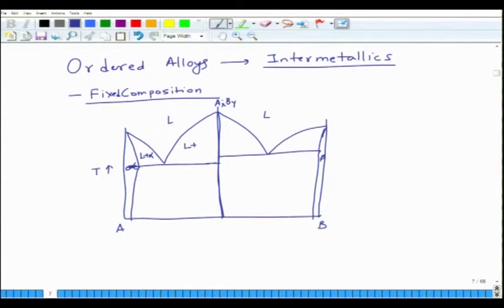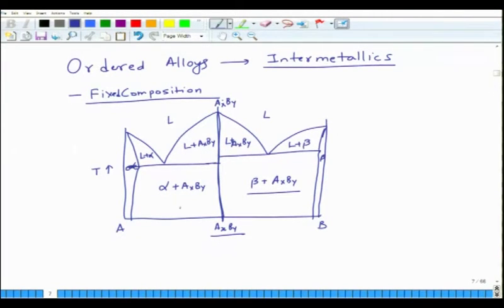So this is liquid plus AXBY, this is again liquid plus AXBY, and this is liquid plus beta. On this side you have alpha plus AXBY, here you have beta plus AXBY.